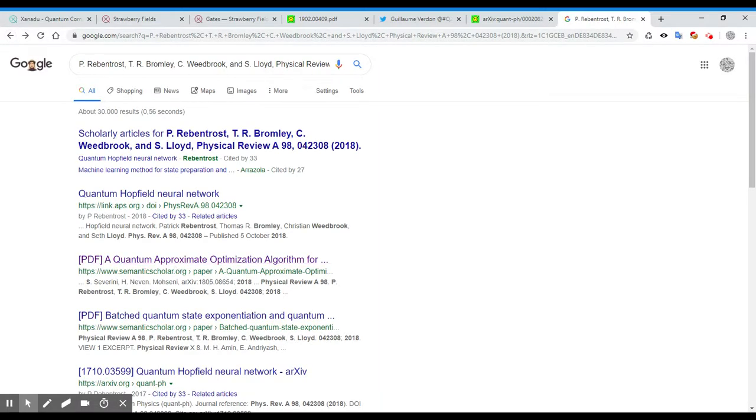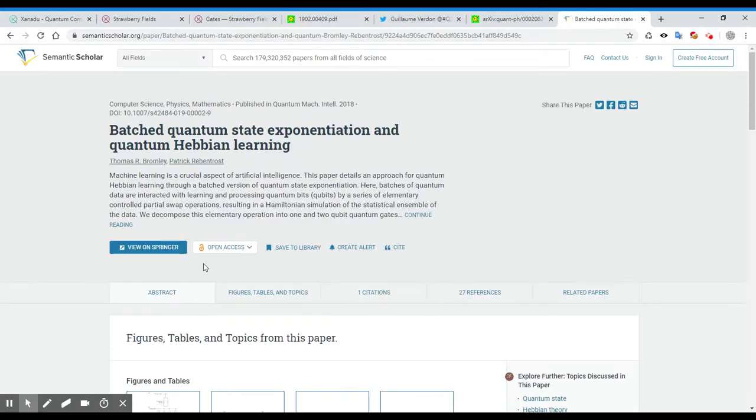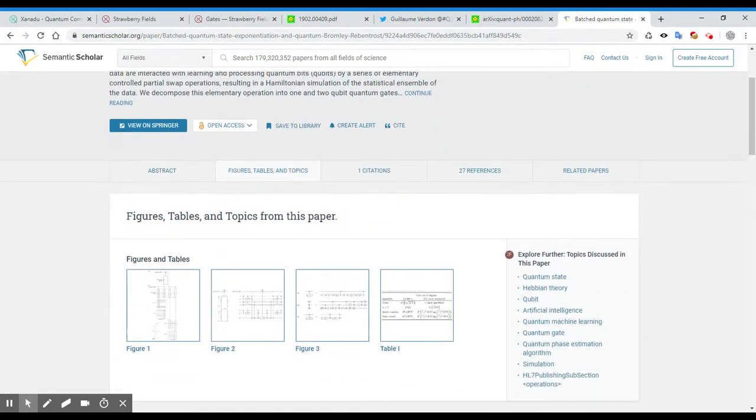Yeah, it appears because it references that. Quantum state exponentiation. Here, there's something. An approach for quantum Hebbian learning through a batched version of quantum state exponentiation. Here, batches of quantum data interact with learning and processing qubits by a series of elementary controlled gates.